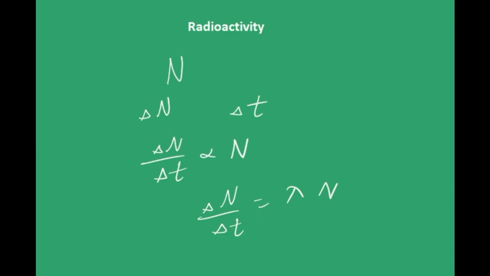As the nuclei decay, what happens? The number of nuclei decreases, right? So my delta N is decreasing, or it is negative, I should say. So I can say that dN, which is actually giving me the rate, is equal to the negative of delta N. Delta N is the change, or say delta N is always positive.